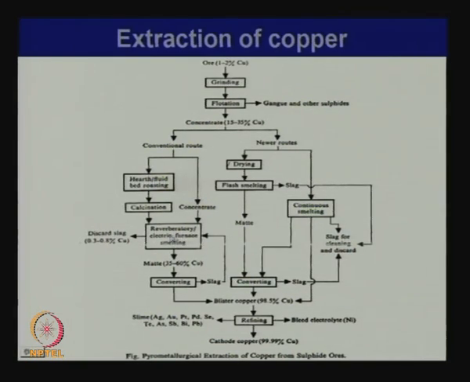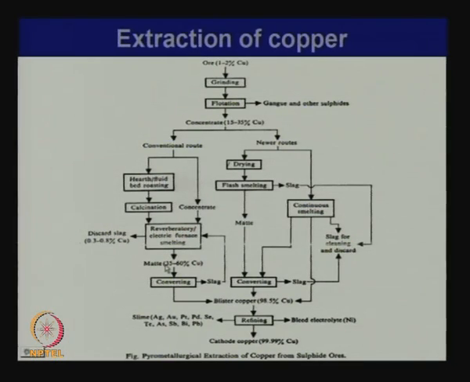Now, in this smelting process, as I mentioned a little while ago, the aim is not to produce an oxide, but to have controlled oxidation so that we produce a matte.